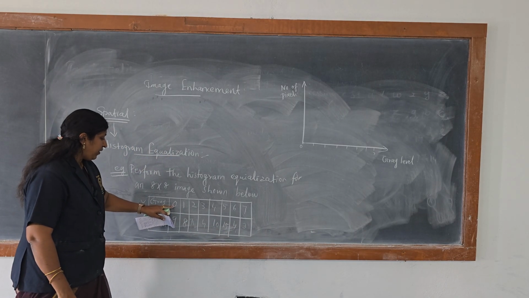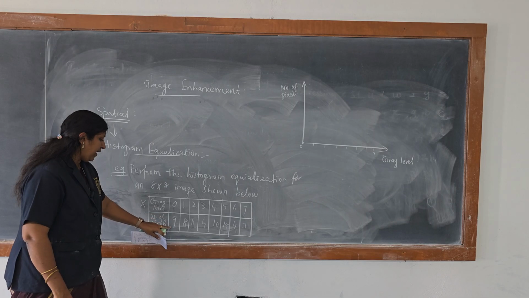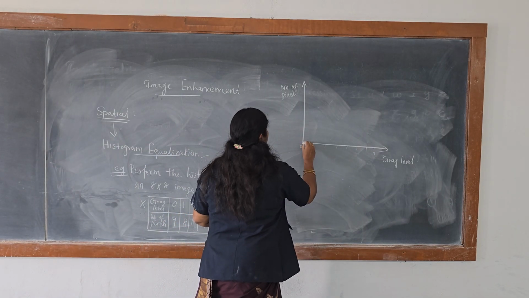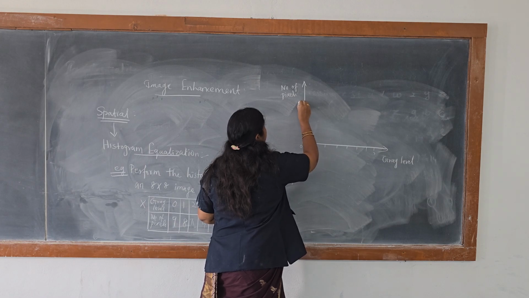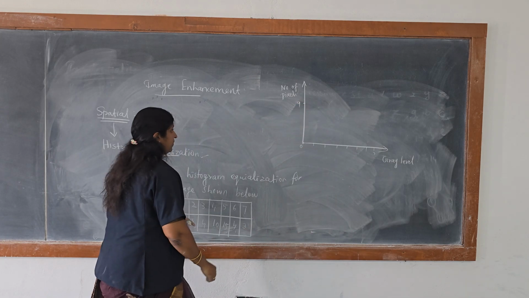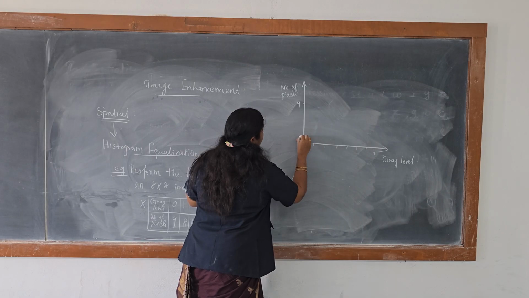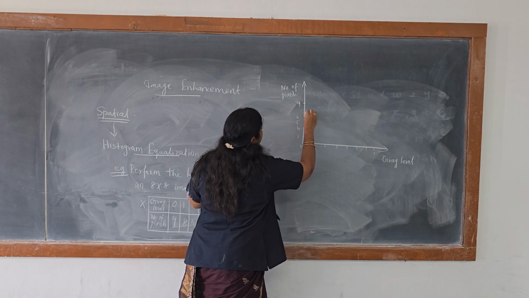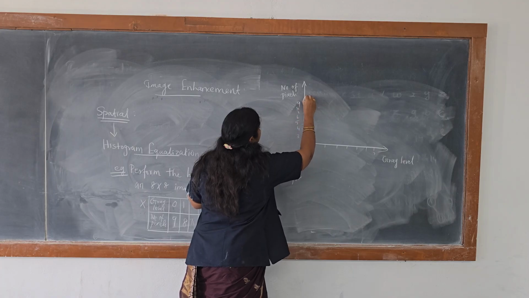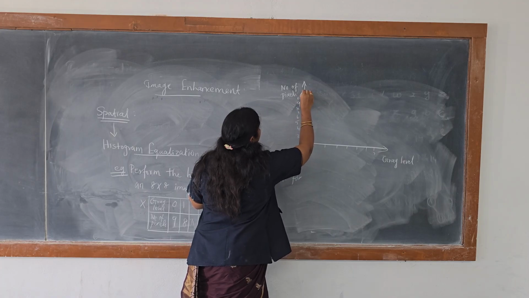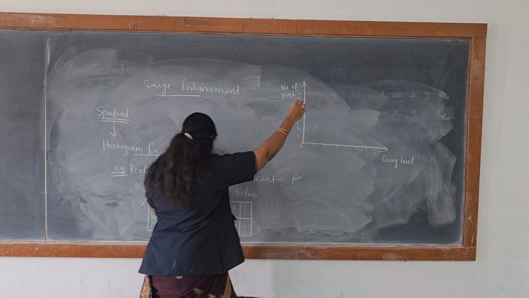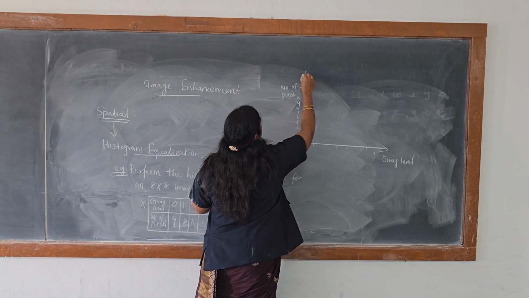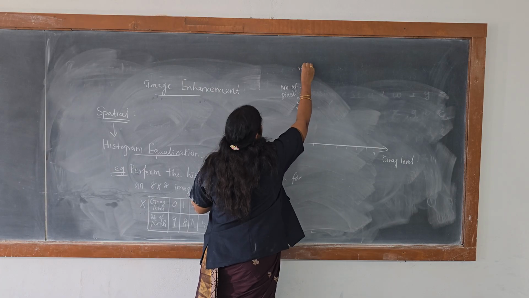Okay, if the gray level value is 0 and the frequency is 9, how can you represent 0 and 9? First plot 3, 4, 5, 6, 7, 8, 9, 10, 11, then up to 15: 12, 13, 14, 15.